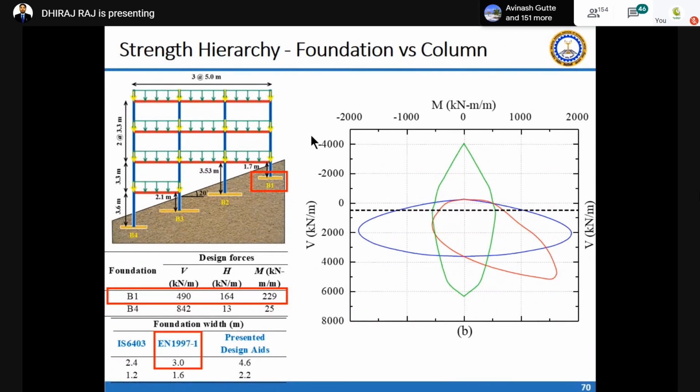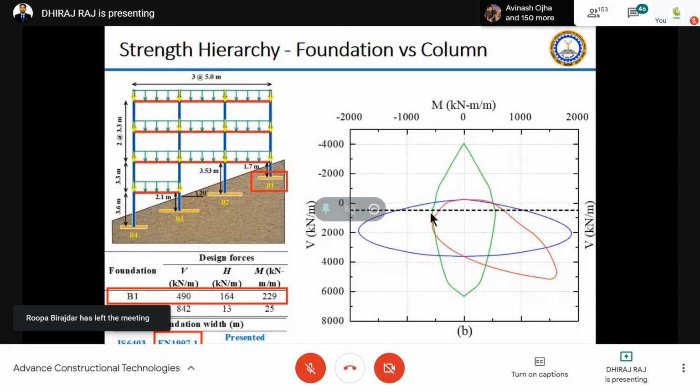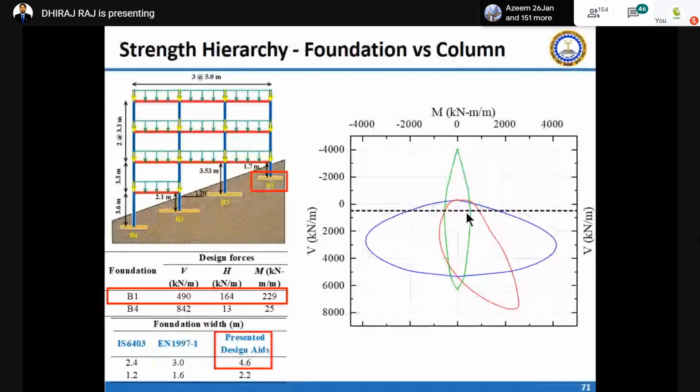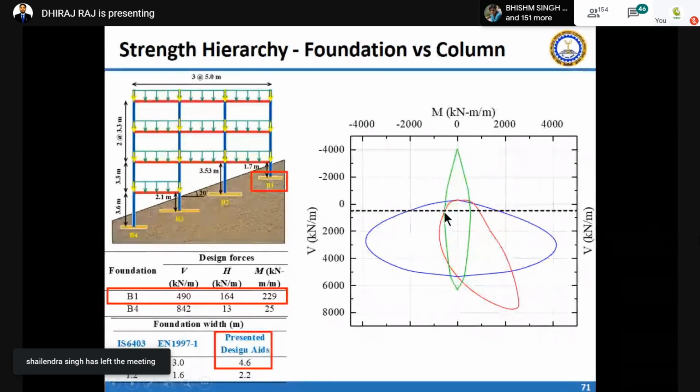Similarly, if you design your foundation according to 1997 or Eurocode 7, again it is not able to resist this shear force. If you design your foundation with the software or tool I have given in previous slides, the foundation size comes to 4.6, and it is exactly targeting that shear force.